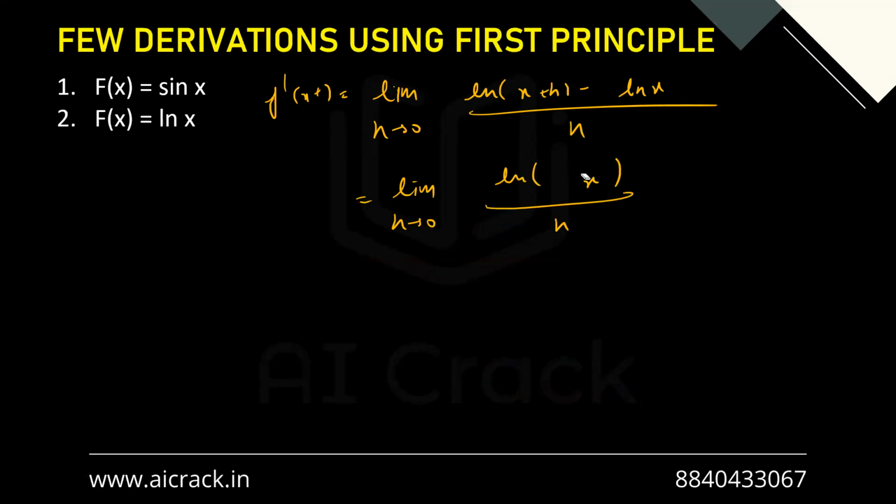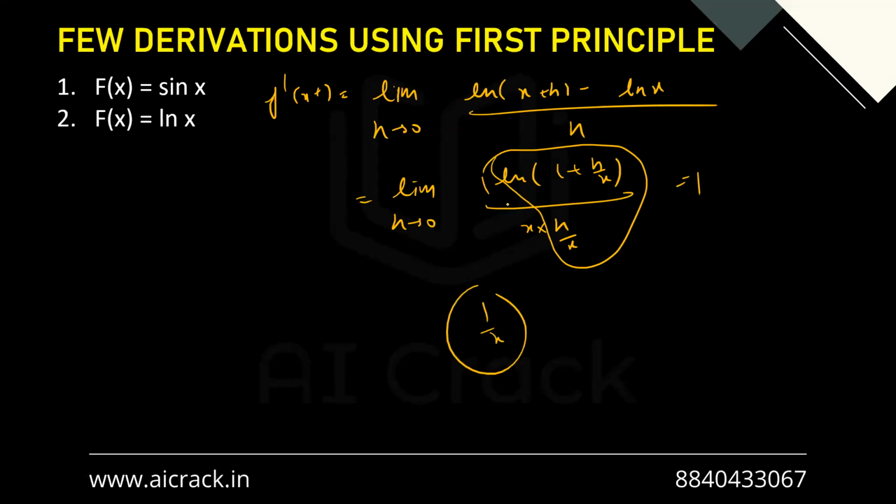Now this can be written as 1 plus h by x, right? Now this again looks like standard limit. So what we'll be doing, we'll be multiplying and dividing by x to create the perfect standard limit, right? So this limit actually becomes 1. This is 1 by x over here and this is 1 over here. So final outcome is 1 by x. So derivative of ln x is 1 by x.